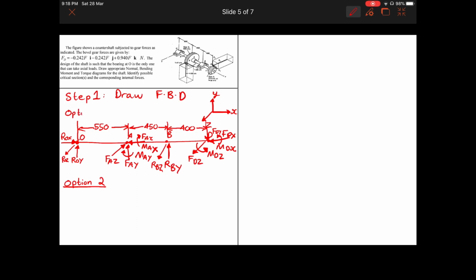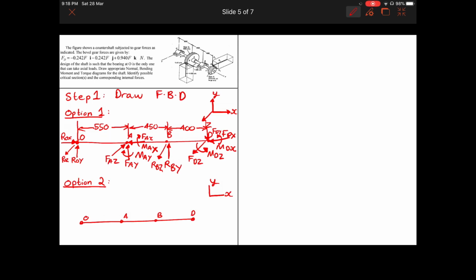This is option 1. So in option 2, I'm going to draw the shaft in the same manner. I'm going to mention just x, y axis, plot the points similarly, which is O, A, B and D.